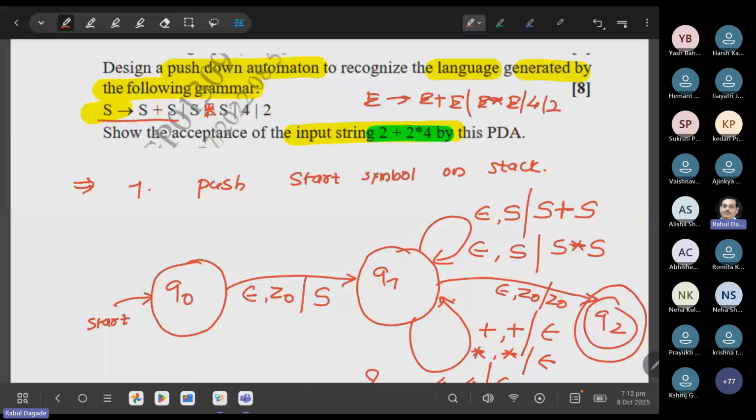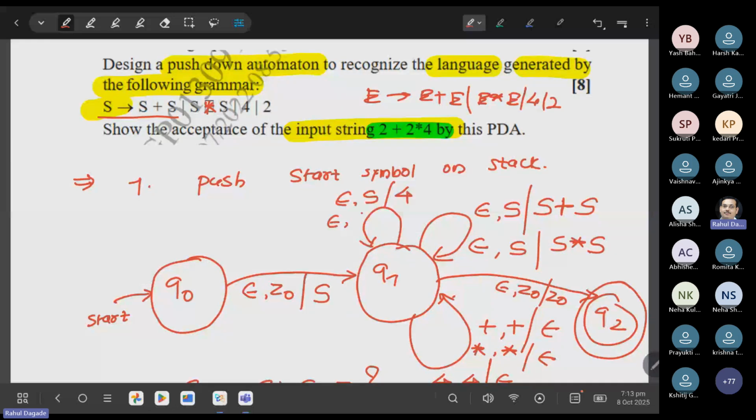This also we need to add for 4 and 2. That is for S gives 4, what we have to do. When null is an input and S is on stack, then remove S and push 4. And also add when null is an input, S is on stack, then push 2 on stack.